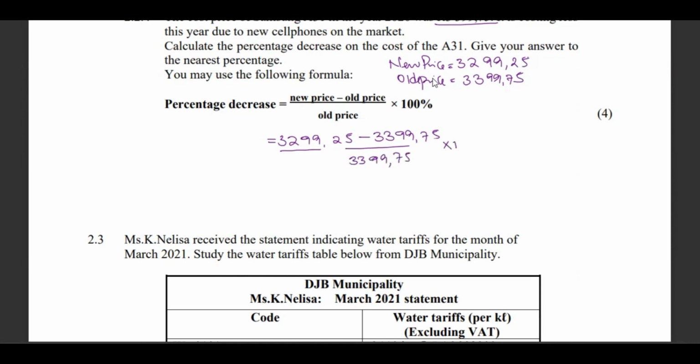And you need to multiply by 100. Definitely you get a negative because it shows us a decrease.